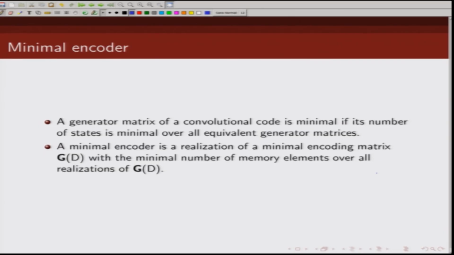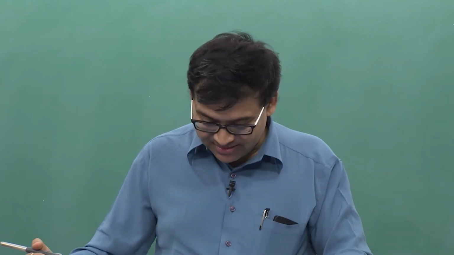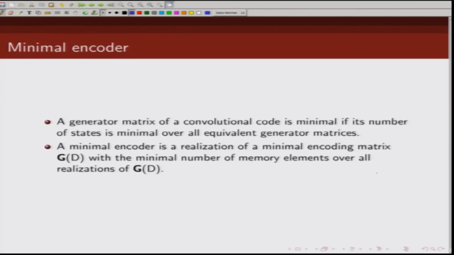So we define a minimal encoder as the minimal realization of a minimal encoding matrix. So the minimal encoder should result in the minimum number of memory elements used to represent that particular convolutional encoder.